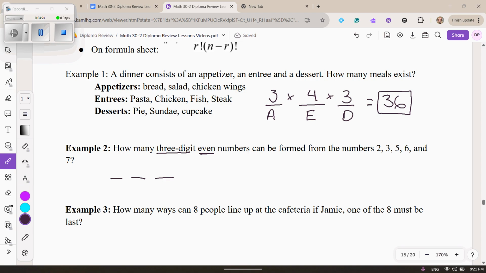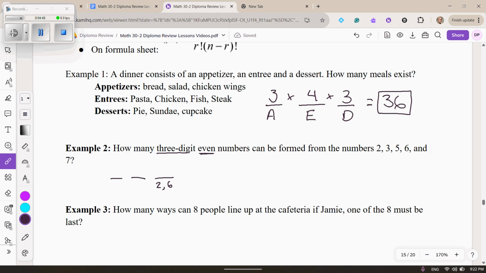We have to deal with our restrictions first. So our restriction in this case is that it has to be an even number. So remember, for a number to be even, the last digit has to be an even number. So the last digit can be a 2 or a 6, that's it. Those are the only even numbers on my list.